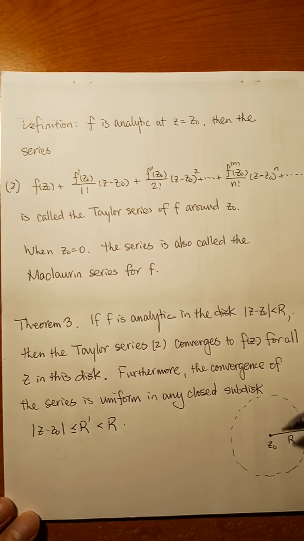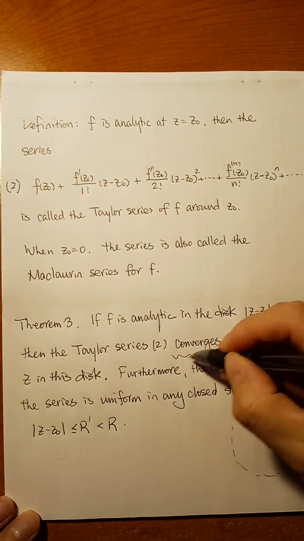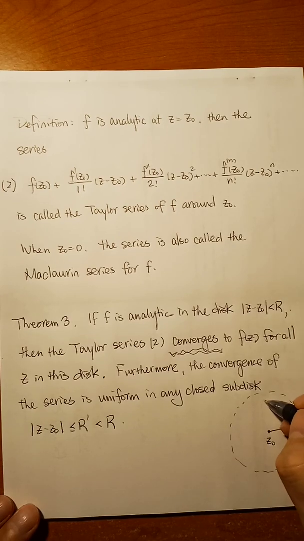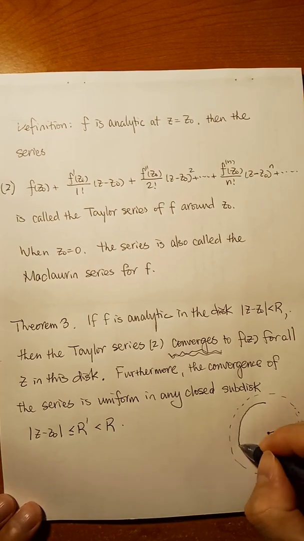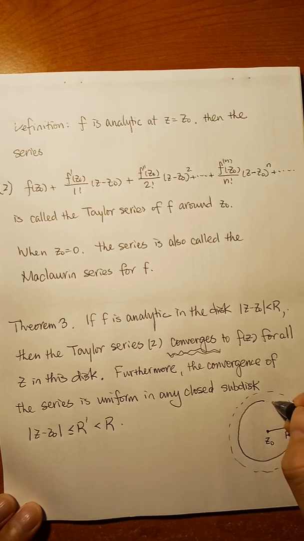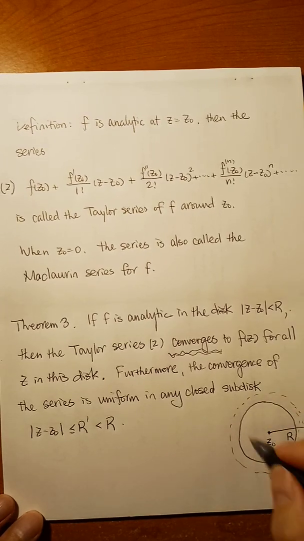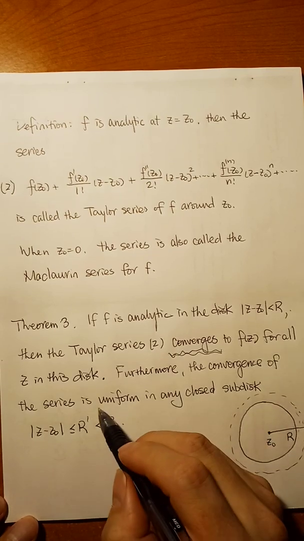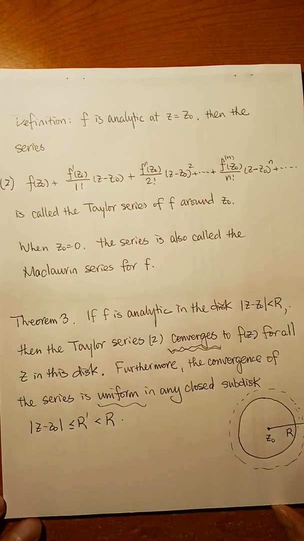And in this open disk, we only know the series converges. But whenever you have a closed subdisk, then the convergence becomes uniform.